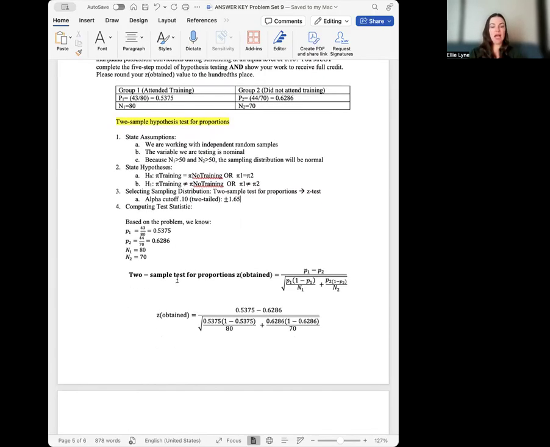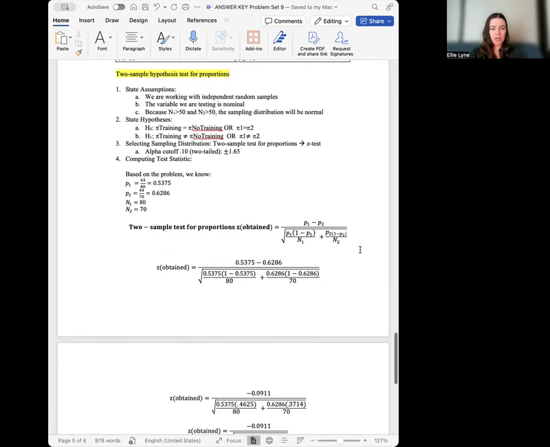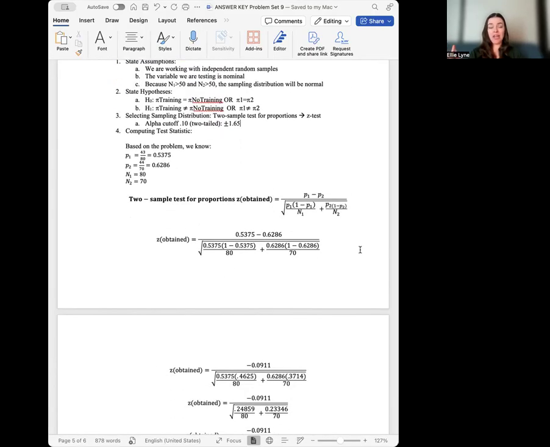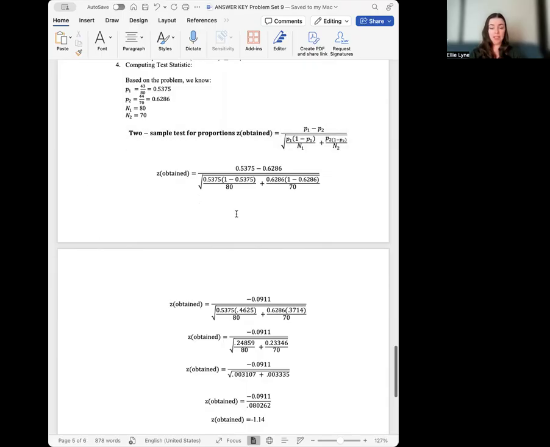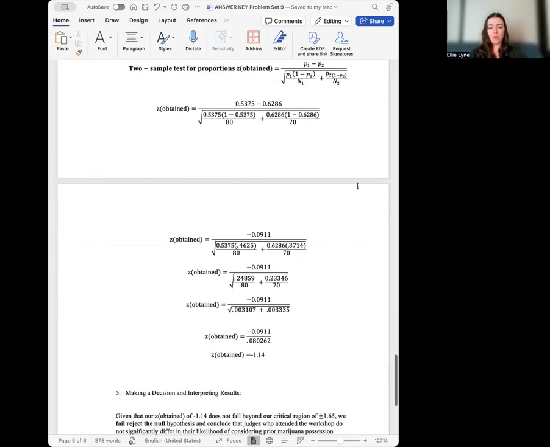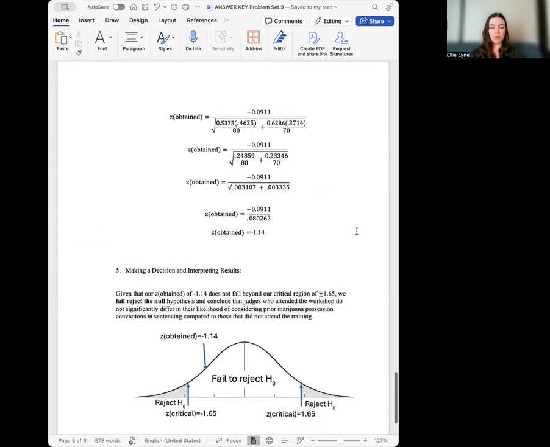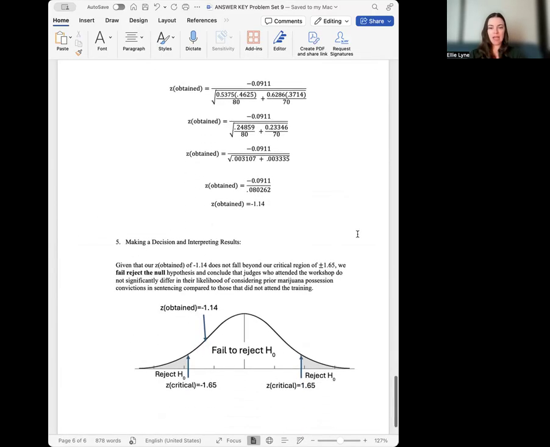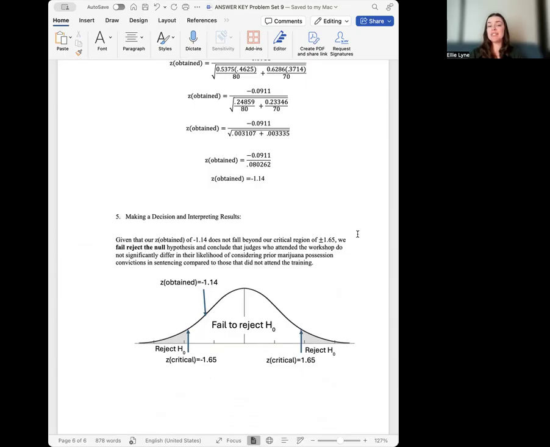And then the sample size of each respective group.